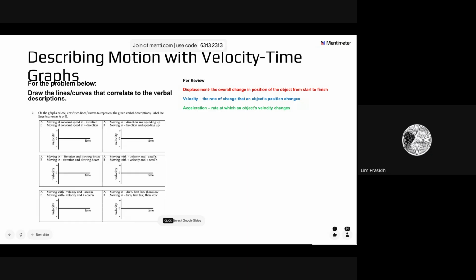Sure. For line A, moving with positive velocity and negative acceleration, it will be from up to downward.